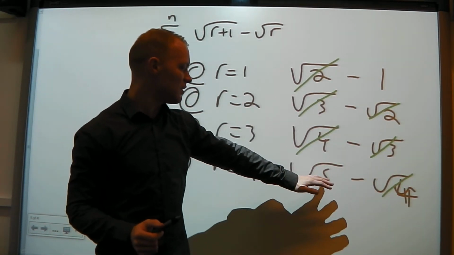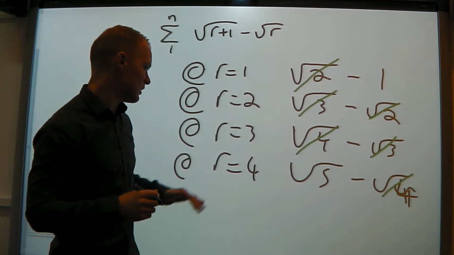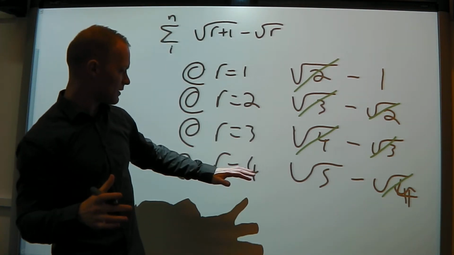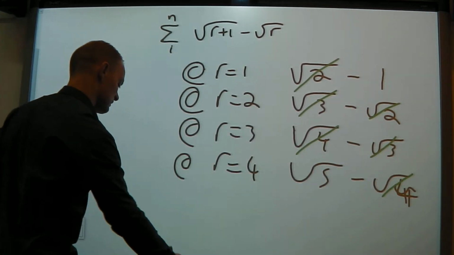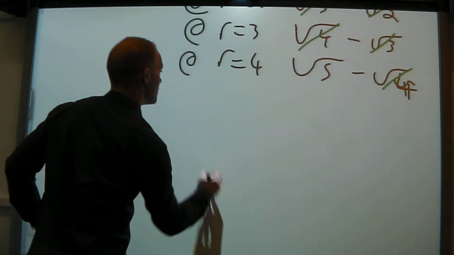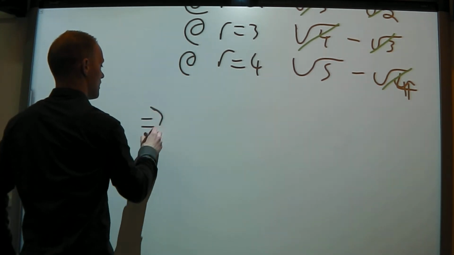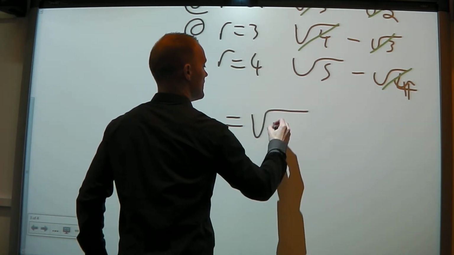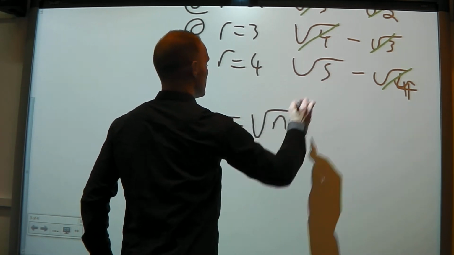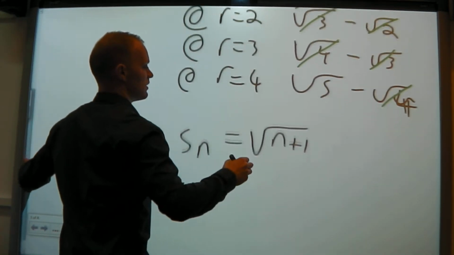So the bottom left term here is the square root of r plus 1. So if we're asked to get the sum of the first 4 terms, we're going to have root 5 minus 1. So that implies the sum of the first n terms is going to equal the square root of n plus 1, which is same as our 5 here, minus 1.